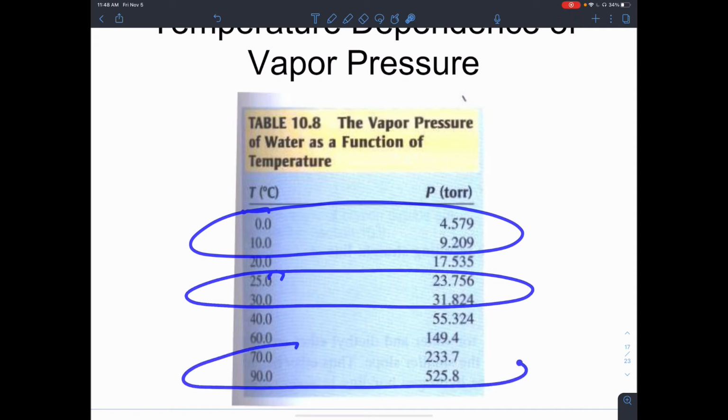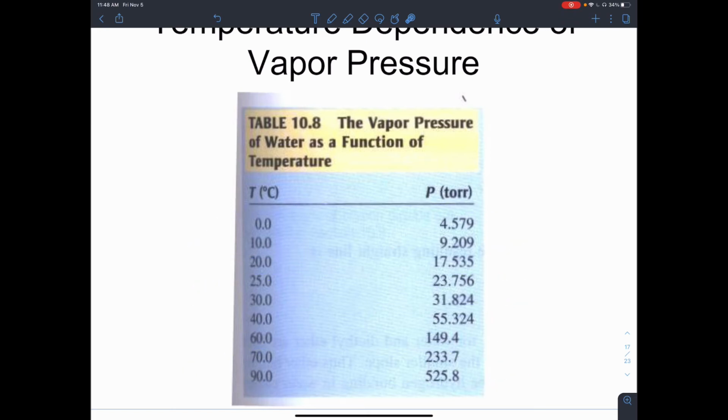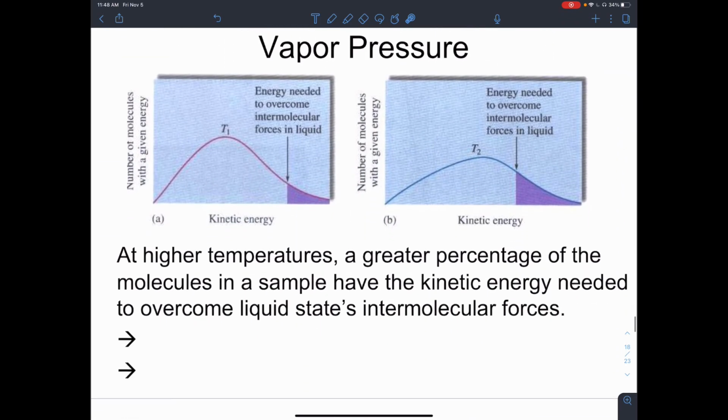And if you heat water, its vapor pressure becomes very high. So when you increase the temperature of a substance, such as water, then you make more vapor. You're putting in more energy, so you're more able to separate those particles into a vapor, and you're more able to overwhelm those forces in between the particles.